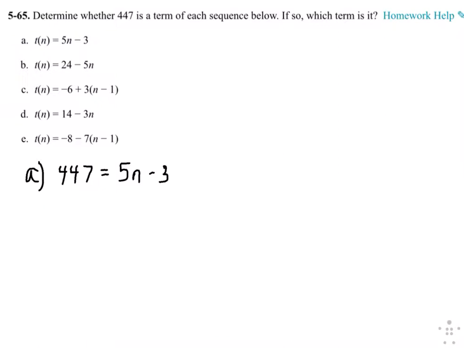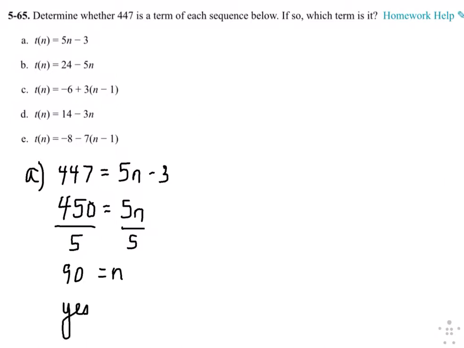So, if I add 3 to both sides, I get 450 equals 5n. And if I divide both sides by 5, I get 90 equals n. So A would be yes, the 90th term.